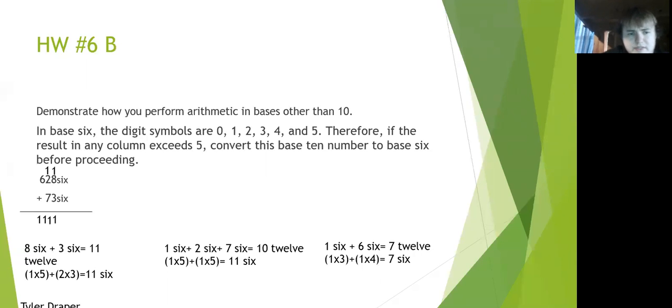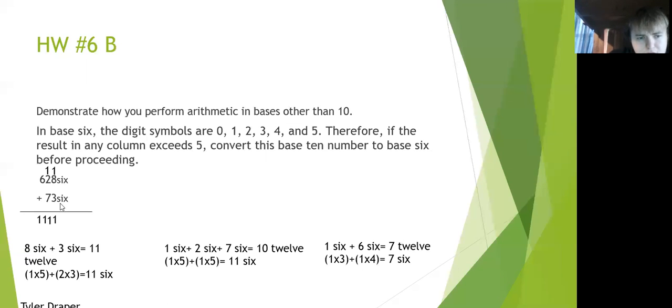Okay, let's get started here. So we have 628 base 6 plus 73 base 6.